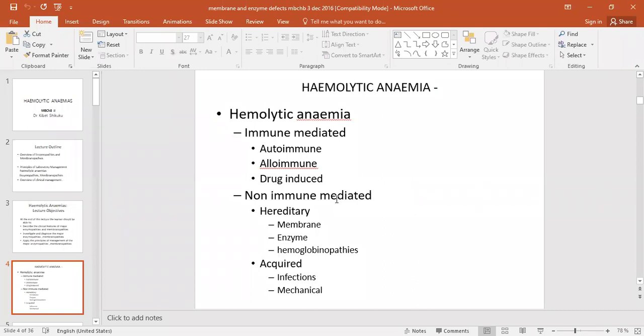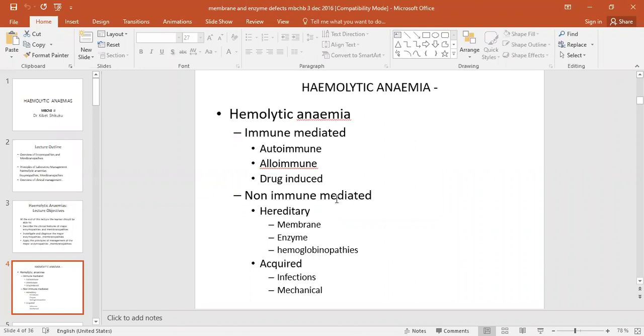If you broadly group them, we have immune-mediated and non-immune mediated. Among the immune-mediated may be autoimmune, alloimmune, or drug-induced. And then the non-immune, where the diseases of interest today fall, we have hereditary and acquired causes.